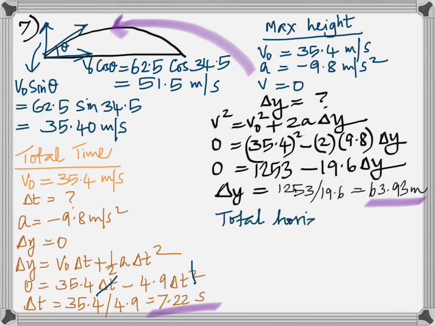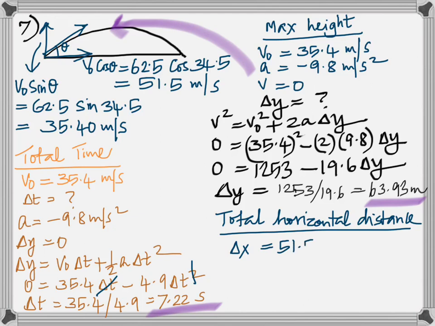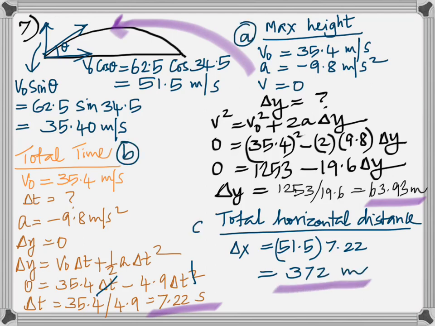Now to find the total range or horizontal displacement, the only equation that can be used is delta x is the horizontal multiplied by the time. Gives 372 meters.